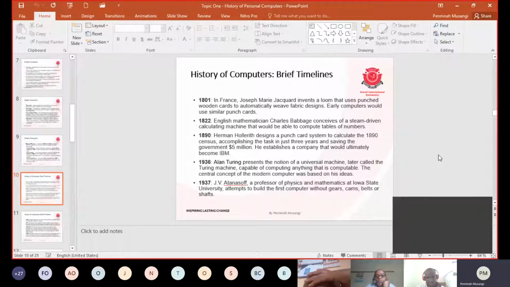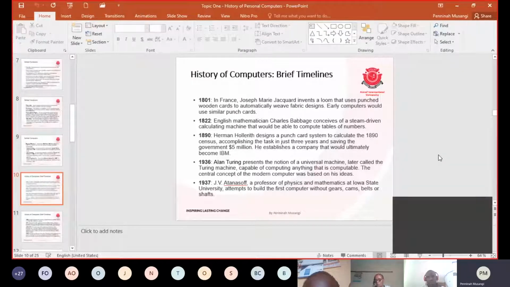What this machine brought into the ICT world is that previously it was only calculation, additions, subtractions, those mathematical expressions. But there are more computations than that. You can compute even algorithms and many other things, which could not be done previously. But when the Turing machine was invented, it was now possible to compute anything which is computable.